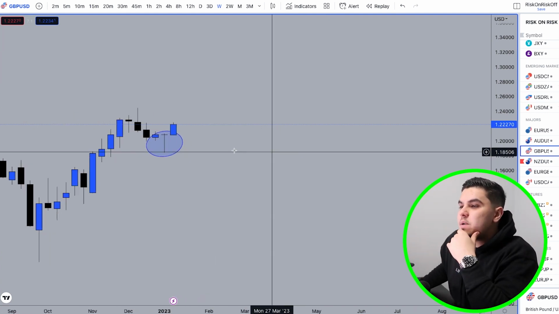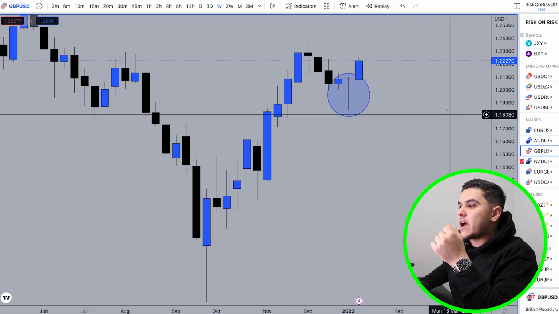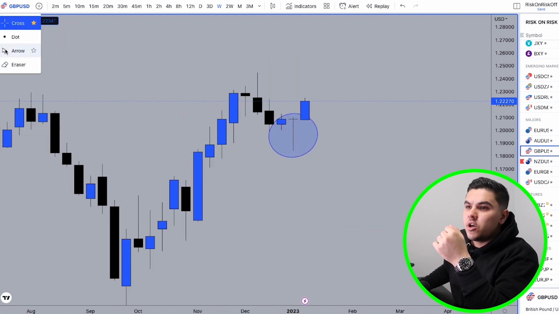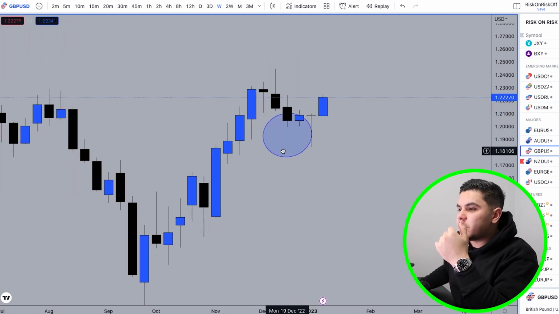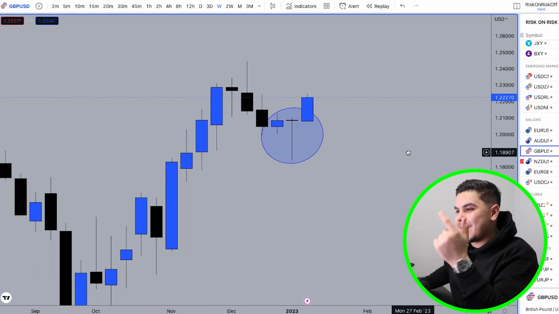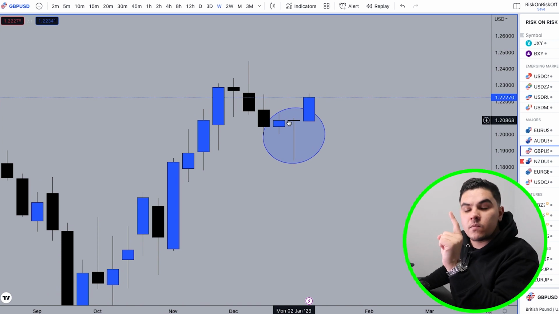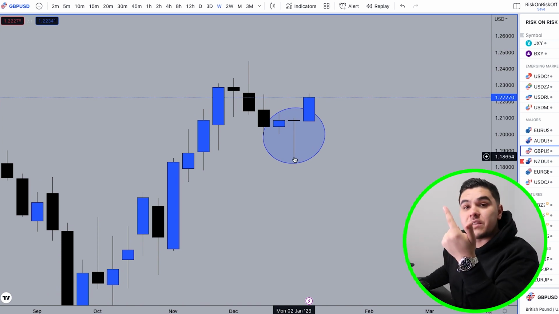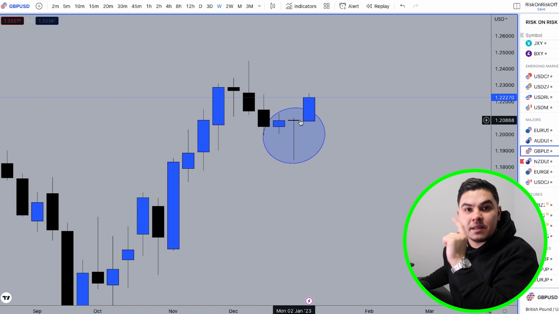Now, to briefly explain what a doji is and how you can really read this, you really want to identify what it actually is. So looking at this, you want to know and realize that the market opens on the left, has the high, has the low, and closes on the right-hand side.